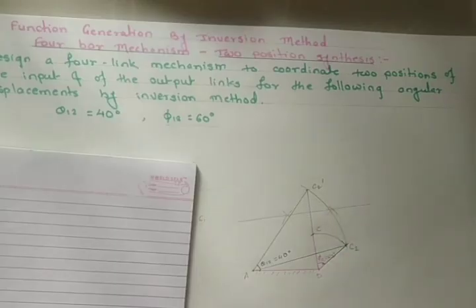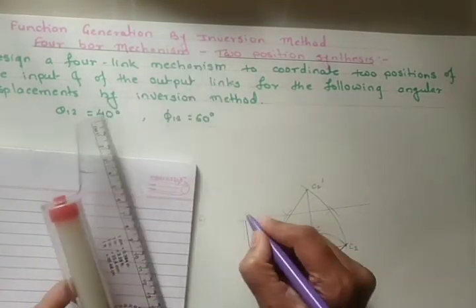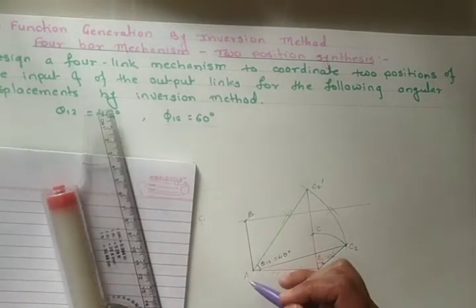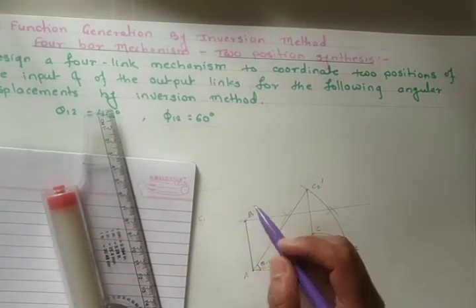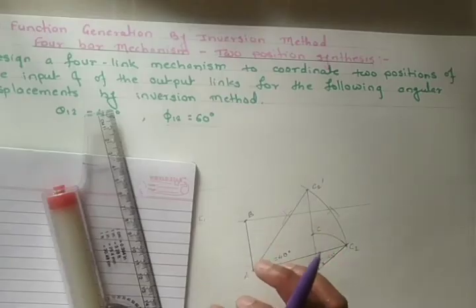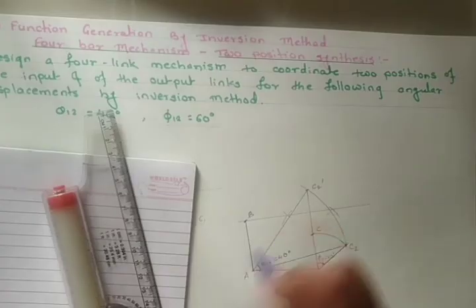Next step is to mark a point B on this mid normal. Here I am marking this point B arbitrarily on the mid normal, but if the first position of this mechanism is given, then we can mark point B accurately if the length is known and the first position angle is known.